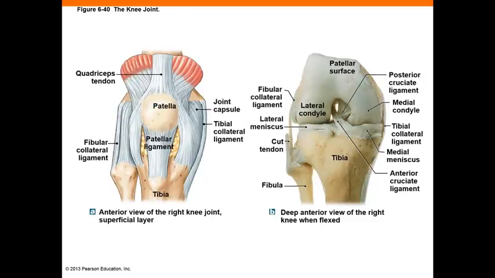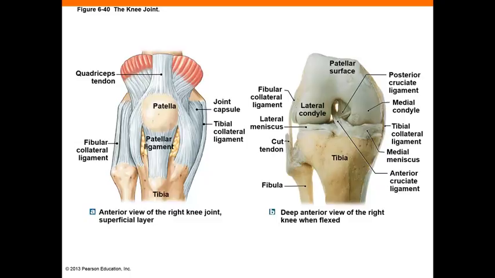Although the knee functions as a hinge joint, the articulation is far more complex than that of the elbow or even the ankle. Since the weight of the body is upon this joint at all times, the rounded condyles of the femur roll across the tibia, so the points of contact are constantly changing. In addition, the patella and the femur also articulate here at the knee, pictured on the left.